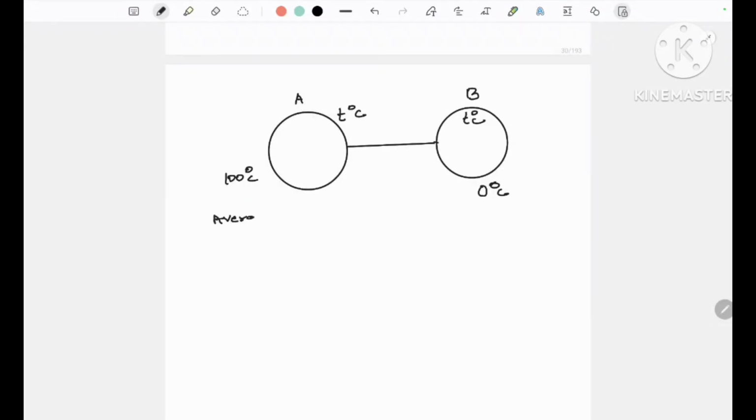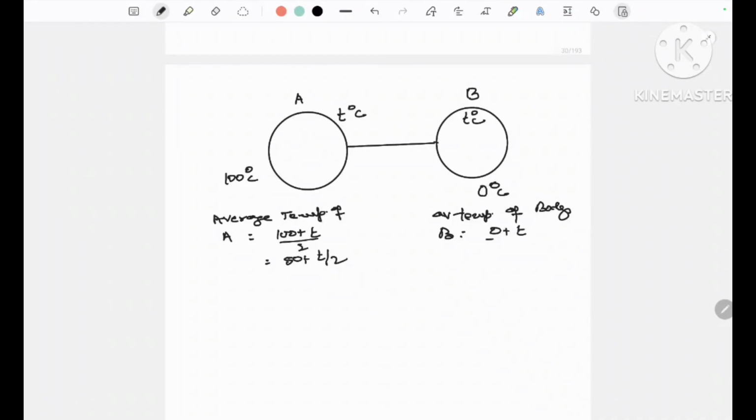Average temperature of A is (100 plus T) by 2, or 50 plus T by 2. Average temperature of body B will be (0 plus T) by 2, T by 2 degree centigrade.